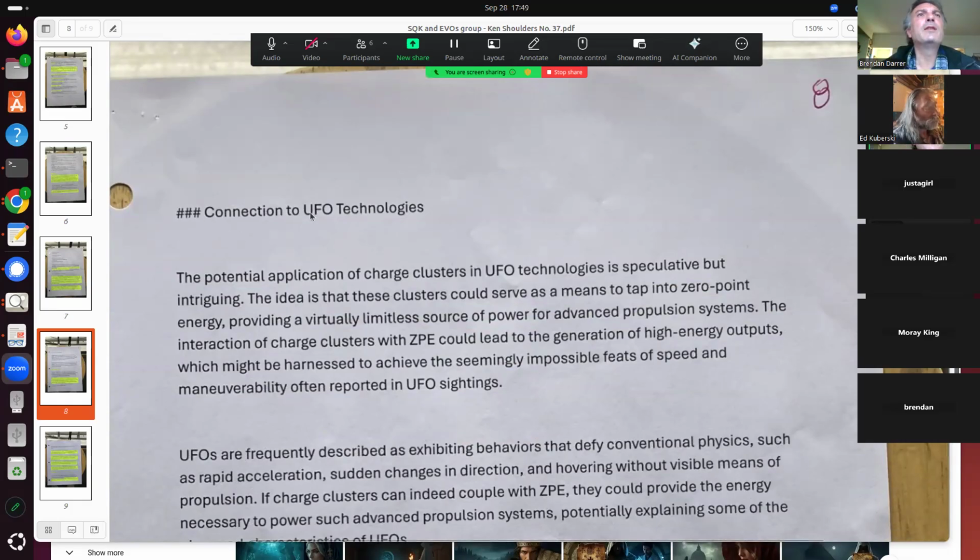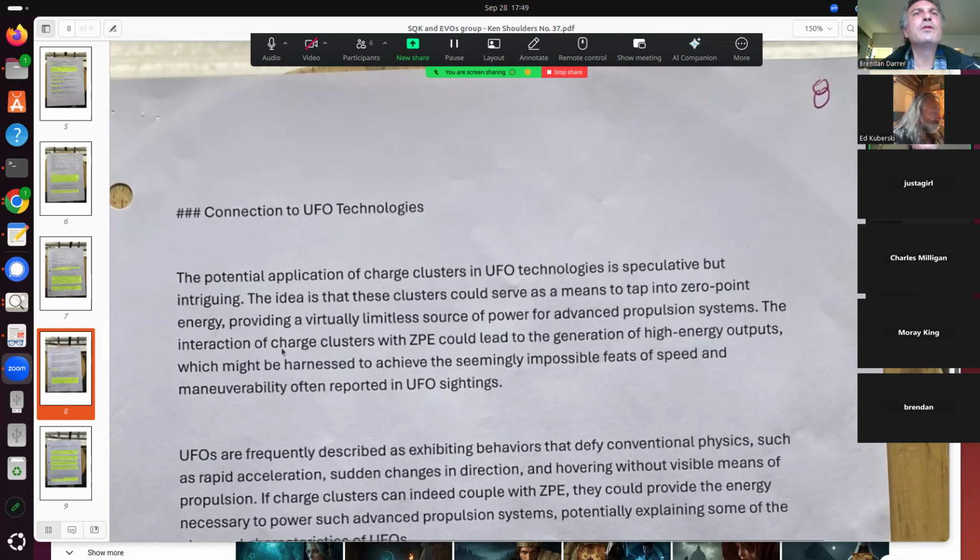Connection to UFO technologies. The potential application of charge clusters in UFO technologies is speculative but intriguing. The idea is that these clusters could serve as a means to tap into zero-point energy, providing a virtually limitless source of power for advanced propulsion systems.